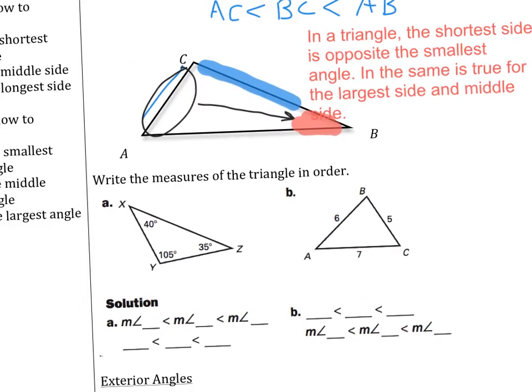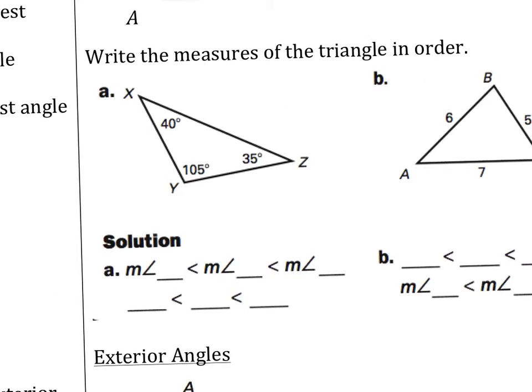I didn't want to get crazy on the full theorems, but let's take a gander here and use it on letter A. If we were to order the angles by size, that's just straightforward. Z is clearly the smallest. Okay? Next we have 40, which is the measure of angle X. And lastly, the measure of angle Y is the largest.